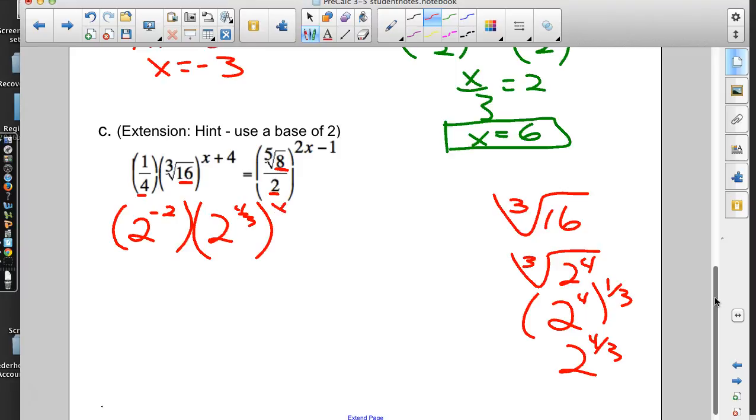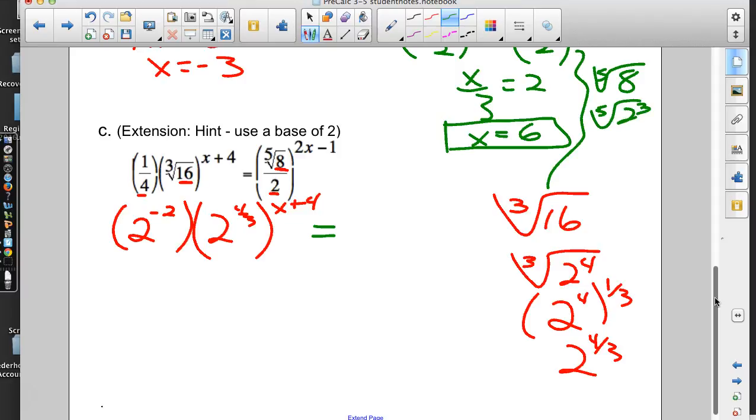All to the x plus 4 equals the 5th root of 8. Again, 8 is 2 to the 3rd.